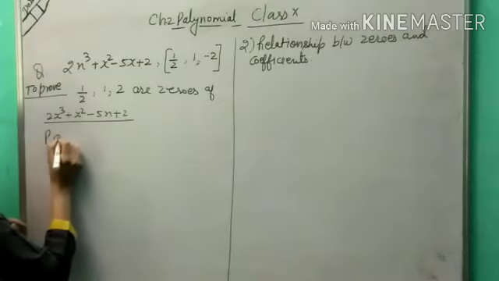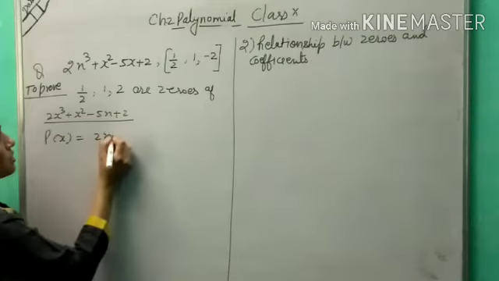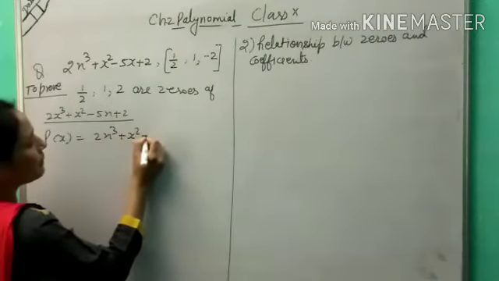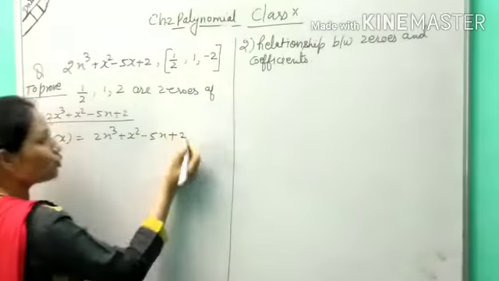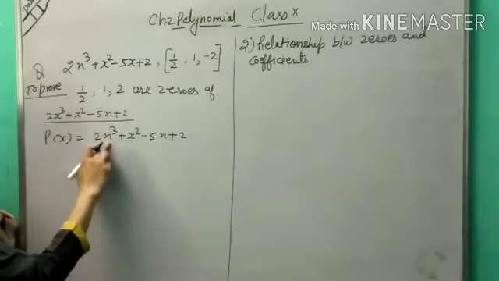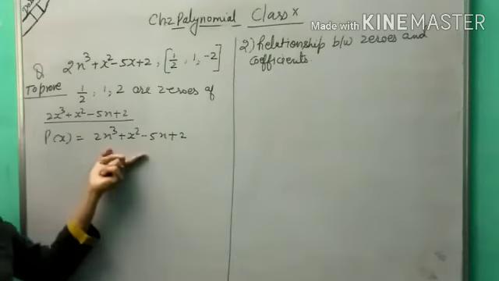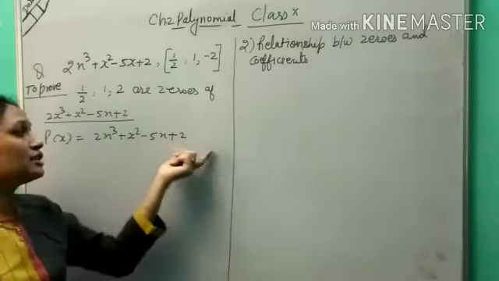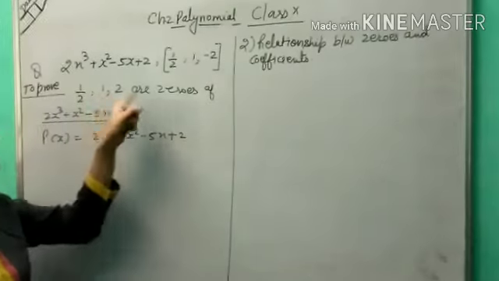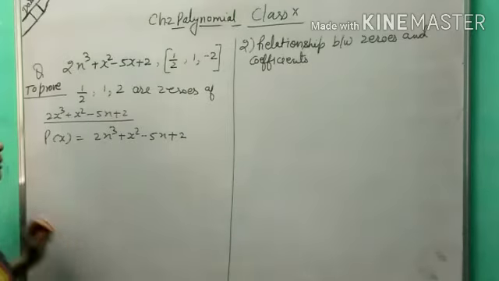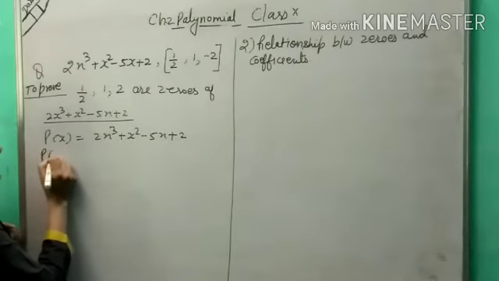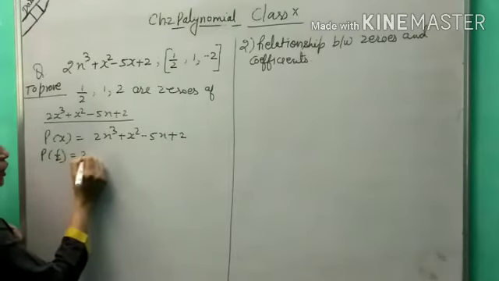Let p(x) be equal to 2x cube plus x square minus 5x plus 2. So in the place of x we will put 1 upon 2, 1 and minus 2, and if the value of the polynomial we get is 0, then these 3 values are the zeros of this polynomial. Understood? So we will put the first value, that is 1 upon 2.